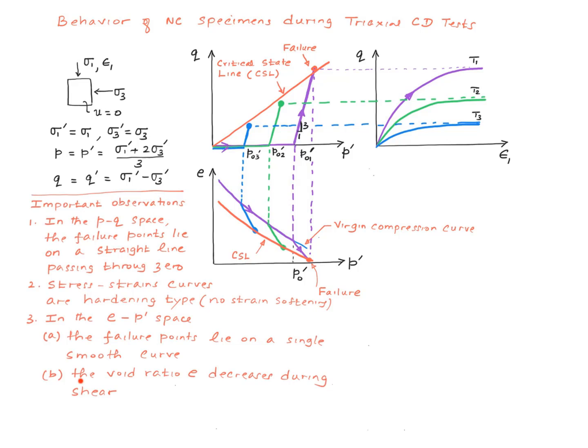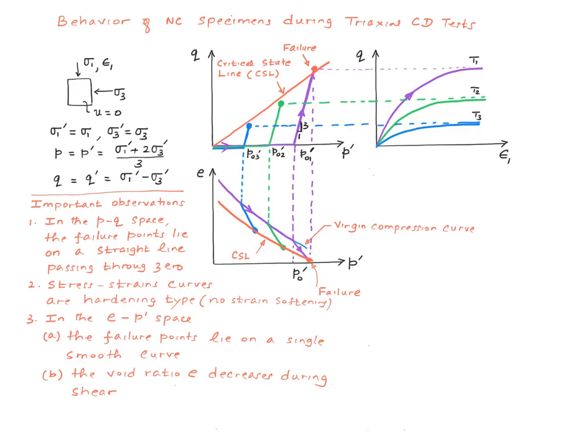So here I have summarized the important observations, some of which we have already talked about, the others we haven't. So let's just go through. In the PQ space, the failure points lie on a single straight line passing through 0, which we call the critical state line. The stress strain curves are all hardening type. There's no strain softening on them.